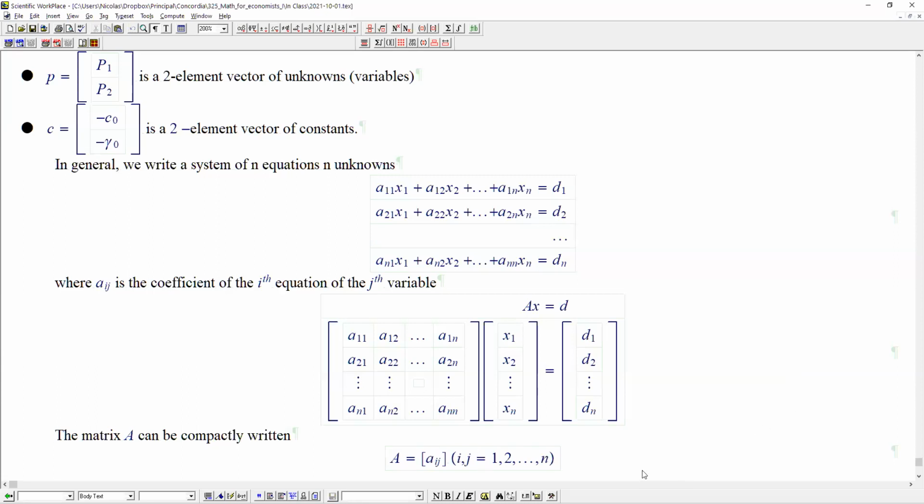So that's a neat way of writing a matrix, and this is going to be very useful for proofs.